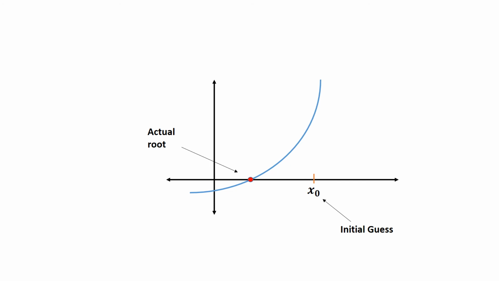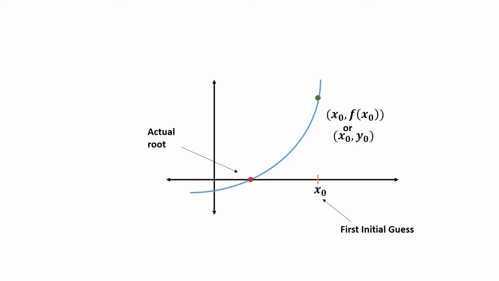Let's say you can take any point, student. This is the first initial guess basically. This point corresponds to the curve: x naught, f of x naught, or simply x naught y naught. You can choose any point, student.